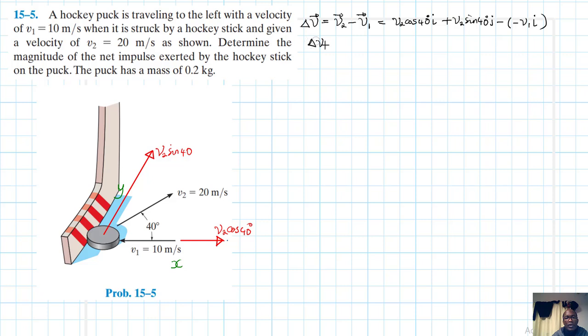Our change in velocity is just going to be equal to, let's replace this with numbers.